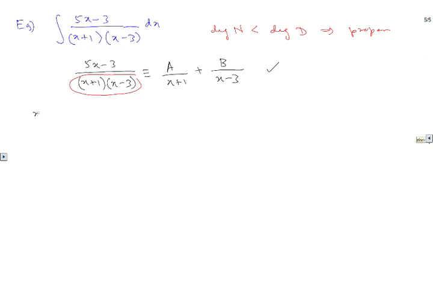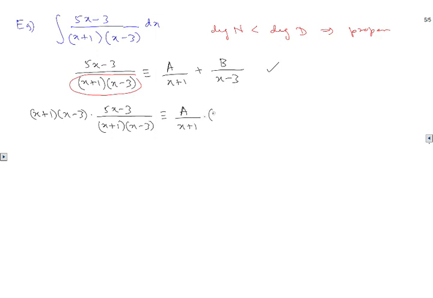You're going to multiply both sides. So you do x plus 1, x minus 3, times 5x minus 3 over x plus 1, x minus 3, and then here also we have A times x plus 1, x minus 3.